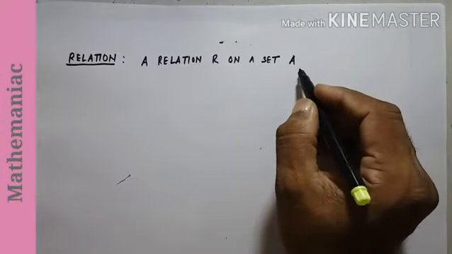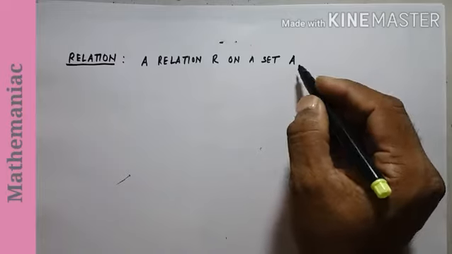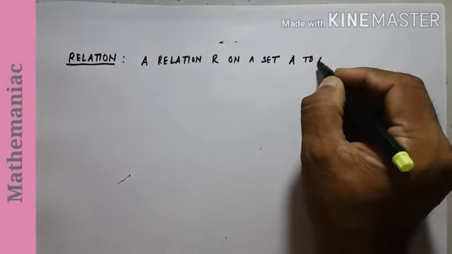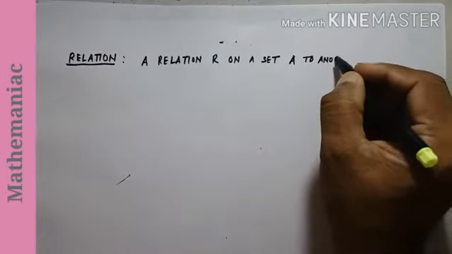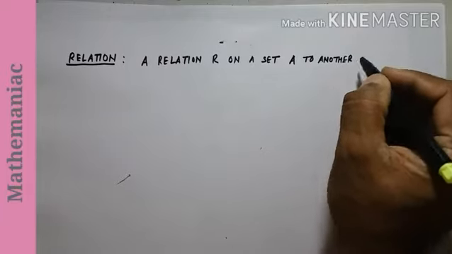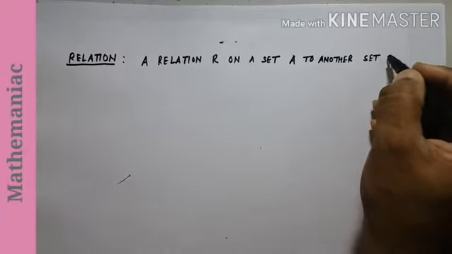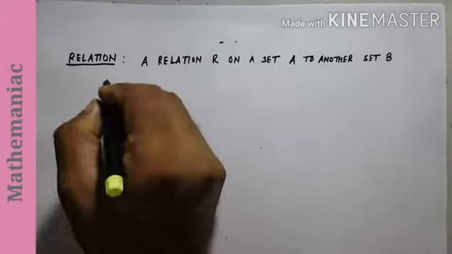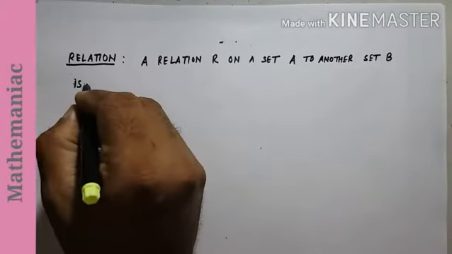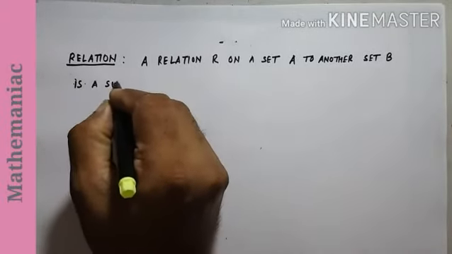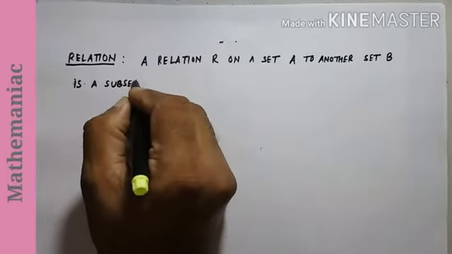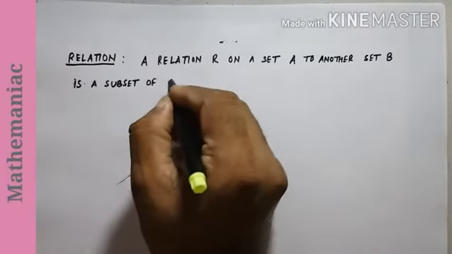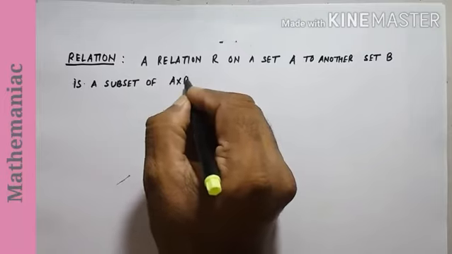You must be very clear that this A is a non-empty set, to another set B is a subset of A cross B.